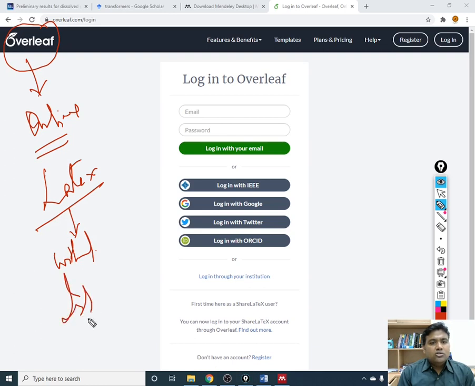This will be very helpful. There are other online tools also, but this is one of the most important and advantageous for writing in LaTeX.